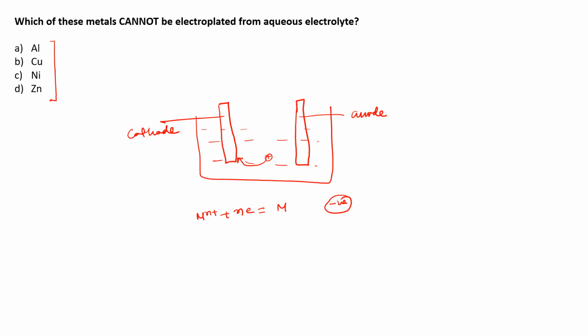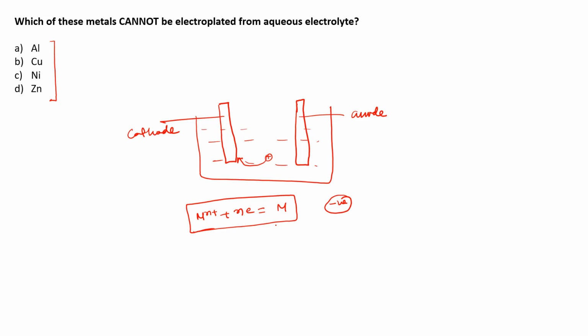That means the tendency of reduction is low, and the tendency of oxidation is high. So the reverse reaction will happen predominantly and will be more favored.